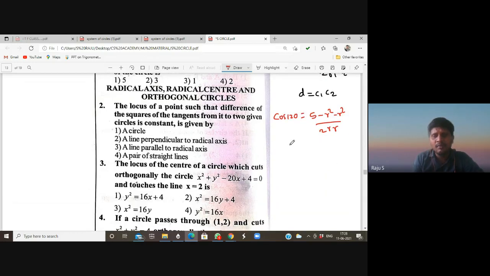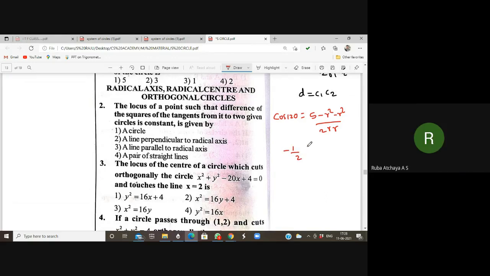5 minus... I have taken equal circles, meaning R1 is equal to R2, simply I am taking as R. So here we are going to get R square minus R square by 2RR. Then the cos 120 value is minus 1 by 2.